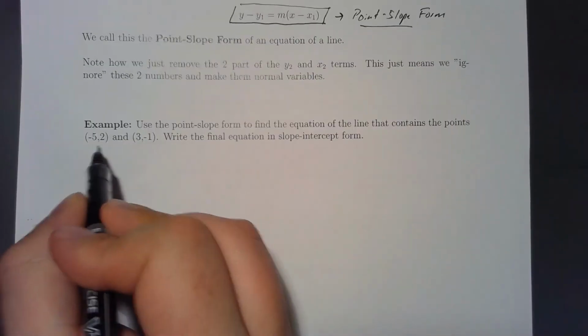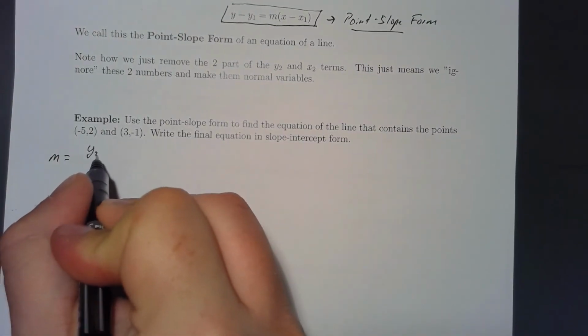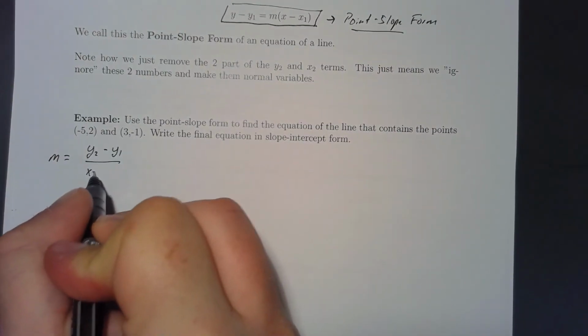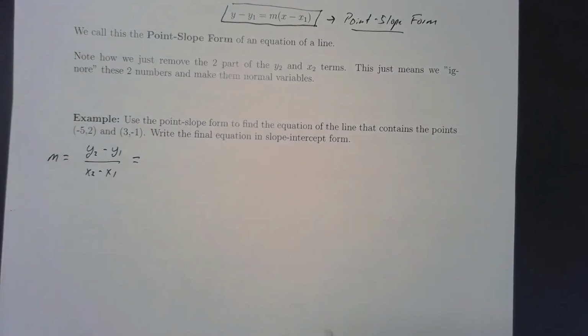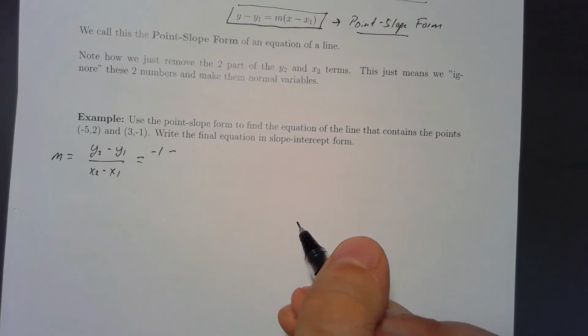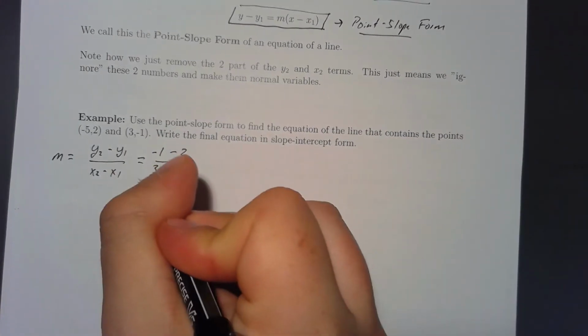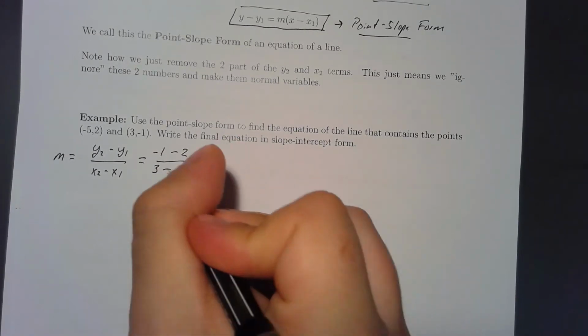So again, I have two ordered pairs, so I have to find my slope. y2 is going to be negative 1 minus y1, which is 2, over x2, which is 3, minus x1, which is negative 5.